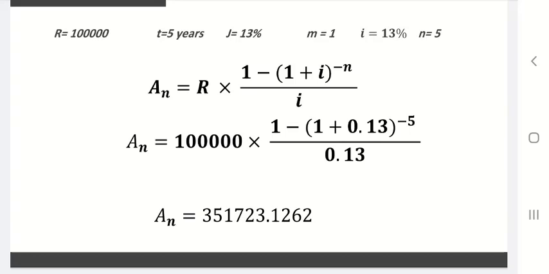So A sub n will be equal to 351,723. He will put in a bank 351,723 to get $100,000 every year for 5 years.